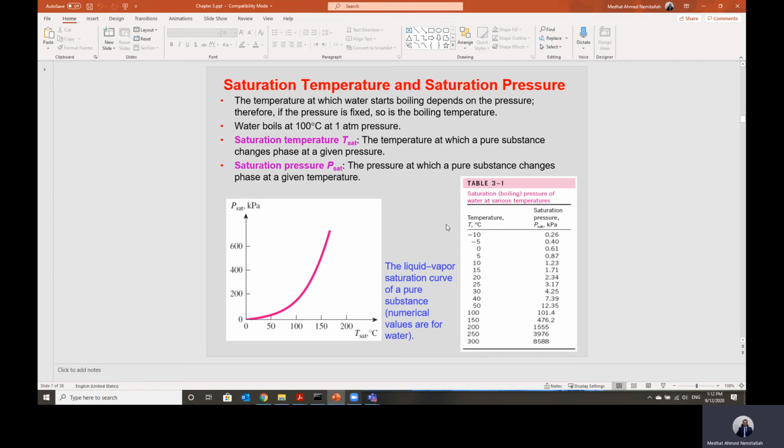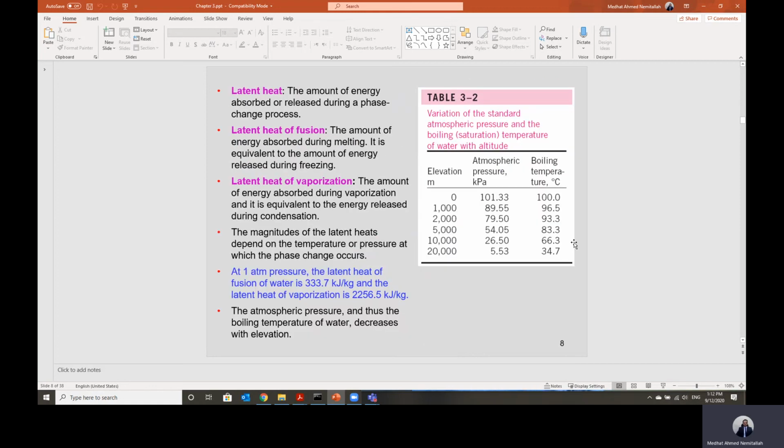Here also, as you know, in the atmosphere, as we go to higher altitude, the atmospheric pressure is reduced. At sea level, the atmospheric pressure is 100 kilopascal and the boiling temperature is 100 degrees C. But as we go higher, the atmospheric pressure gets reduced.